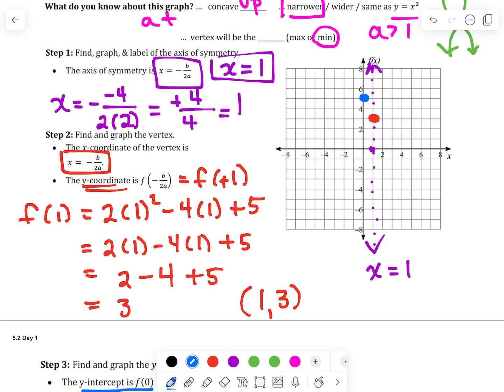What's nice about that purple line is we can reflect that blue point across the purple line. So now we have another point directly across from the purple line, which is our line of symmetry. Now I'm going to start to connect my red point to my 2 blue points.